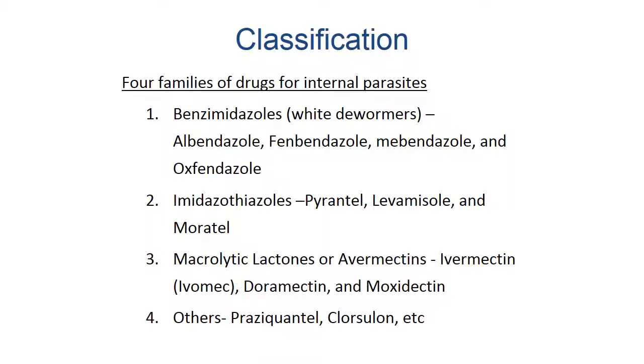There are 4 major classes of drugs for internal parasites. Each one has a varying degree of effectiveness on different parasite species. Take some time to review the drugs in the 4 classes.